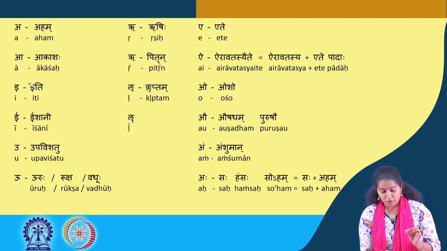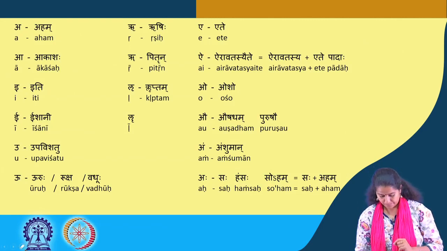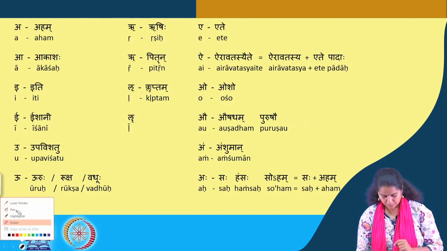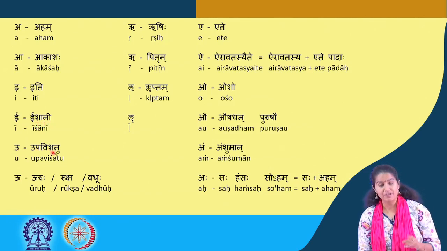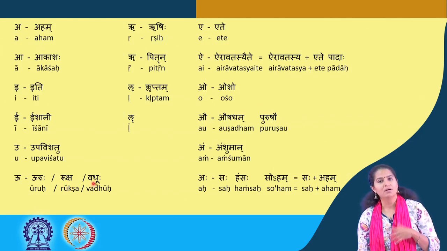So, I for iti. Then you have E for Ishani, U for Upavishatu, U for Uruhu, or Ruksha, or Vadhu, meaning the wife.